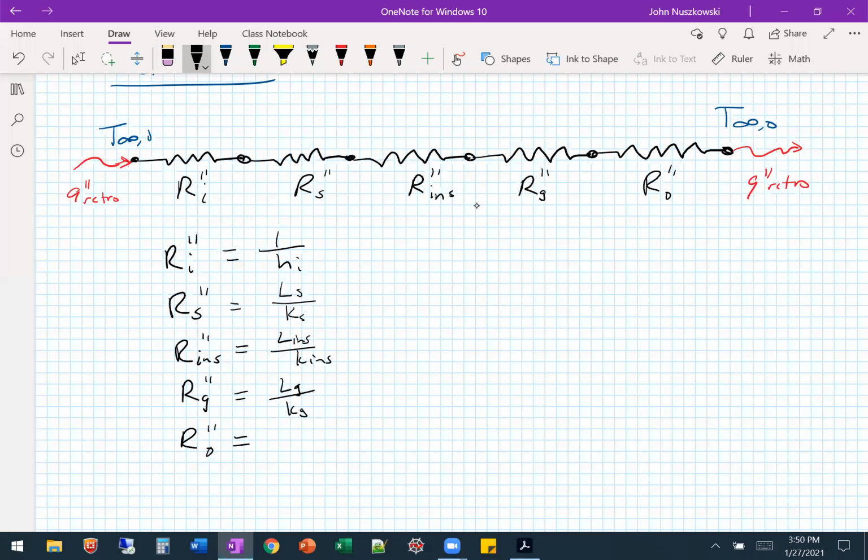So we can do that for each of those, and then we have our convection on the outside. I don't have these individually calculated, but all these properties were already given in the problem, so we can calculate these.